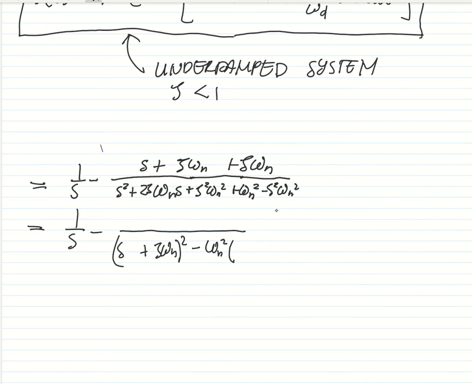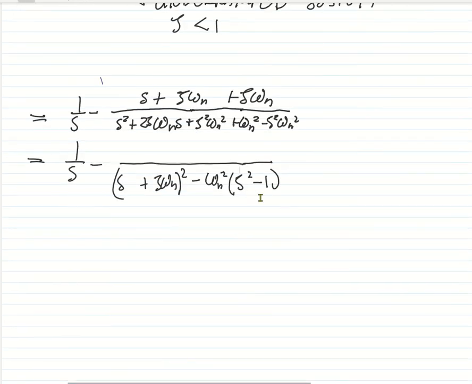Omega n squared times zeta squared minus 1. So we did make it zeta squared minus 1. So here, if you substitute a value greater than 1 for zeta and you take the square root, it's okay. It will not result in an imaginary value. But the formula now will also change because it became minus rather than plus.